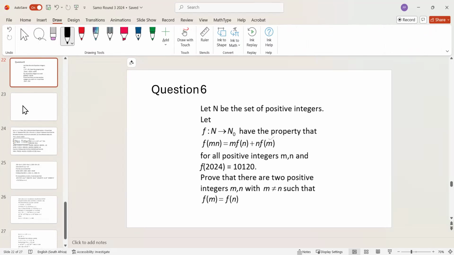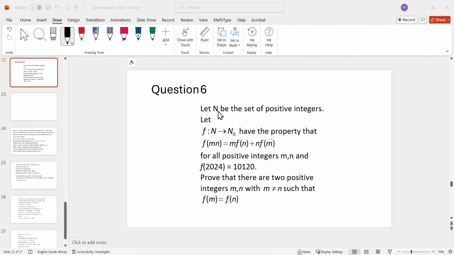And let this rule be true for all positive integers m and n. It's also given that the value of 2024 by the function f is 10,120.